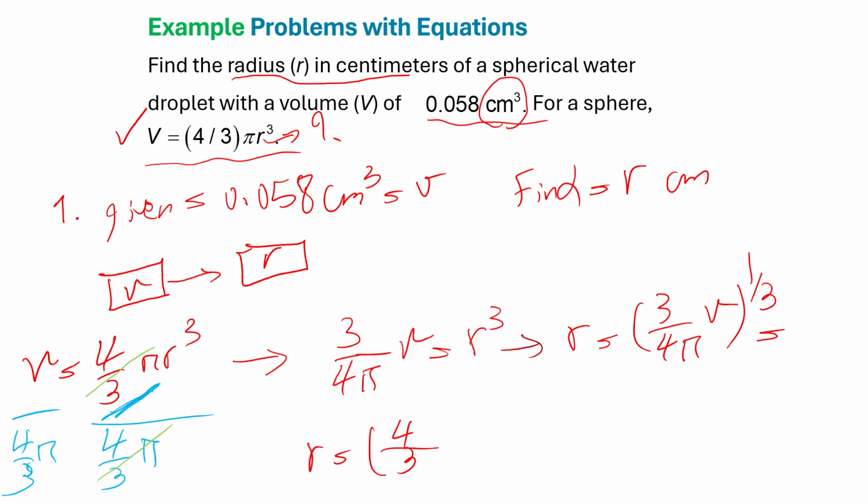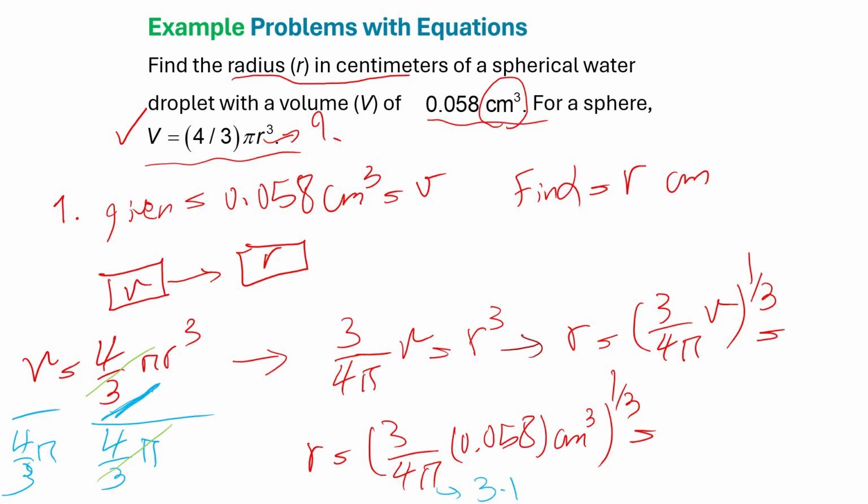Oh, sorry, should be the other way. 3 over 4 pi V. And for V, we need to plug in the value, which is 5.58 centimeter cube, and centimeter cube to the power of 1/3, which gives you, for pi, when you're putting it in your calculator, plug in 3.14 to get the answer.